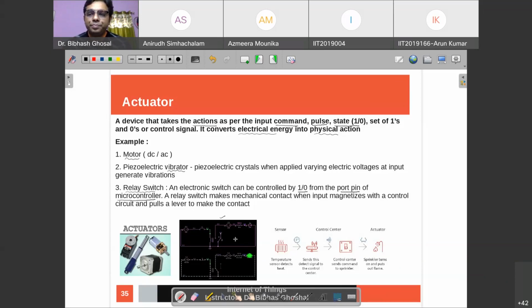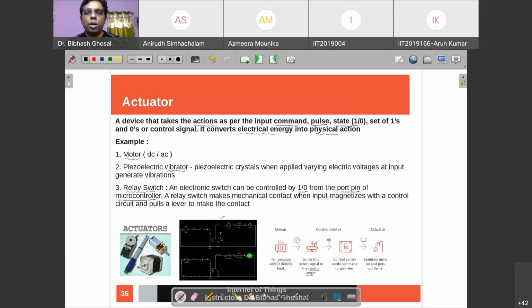So it's like this. A typical example of actuation is, as you see here, we have a sensor. Say, for example, we want to build an automatic sprinkler for your garden. So you are deploying some sensor that is measuring the temperature of the surroundings, and accordingly there's a control center that gets this information.